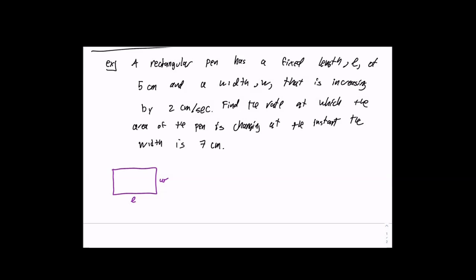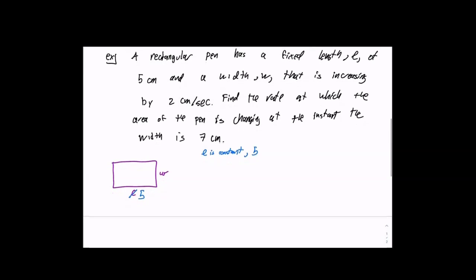The width is 5? No, it is not. The length is 5, and it's constant. So I know that L is constant, so this is always 5. And I know that dWdt is positive 2.